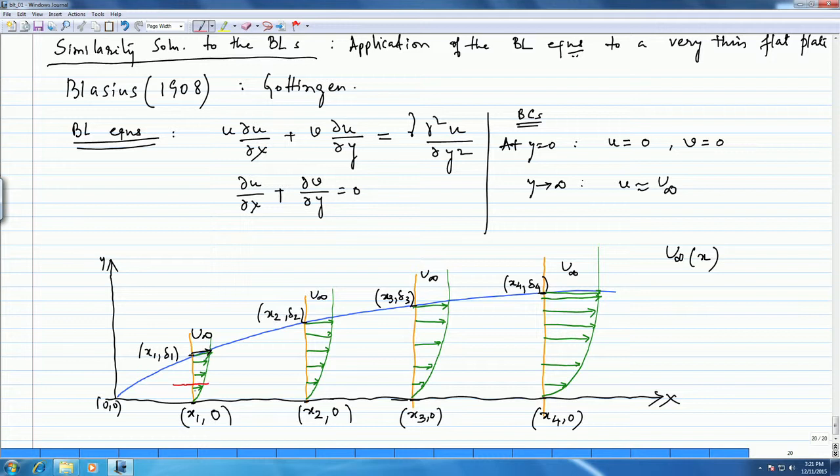If I consider this location, this height is y1, and we will also consider another height, which is y2, and let us say that height is this.